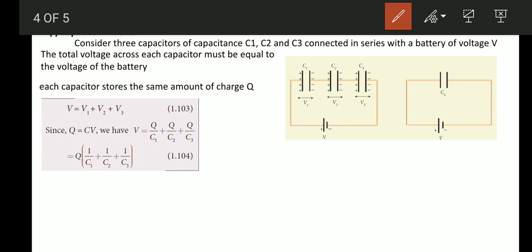Substitute all the values in this formula, then you will get V is equal to Q by C1 plus Q by C2 plus Q by C3, where Q is common in all of these. Take this Q as common. So V is equal to Q into 1 by C1 plus 1 by C2 plus 1 by C3.